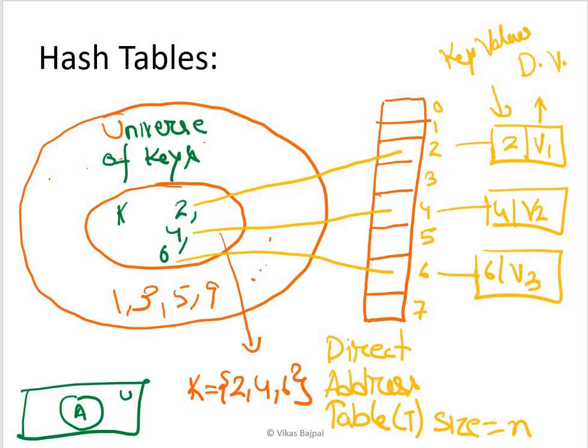Now this key is placed in, let's say, any kth slot, and that takes us to the data values. So these are nothing but the pointers, or just association between the key values, and with the help of this, we can store the value associated with the key in some slots.